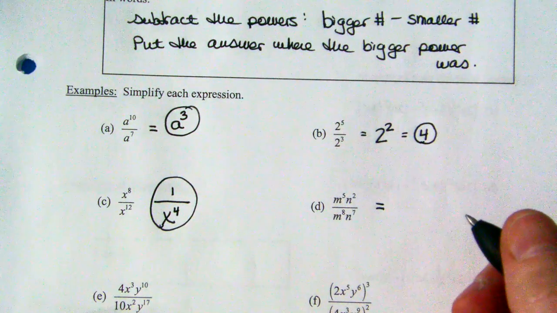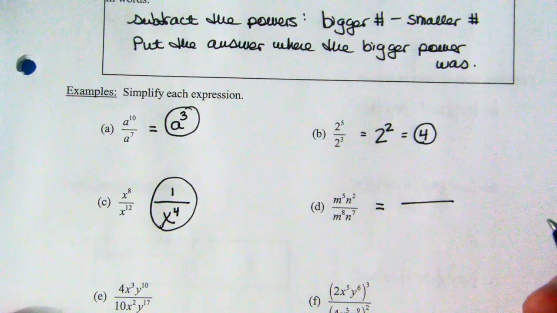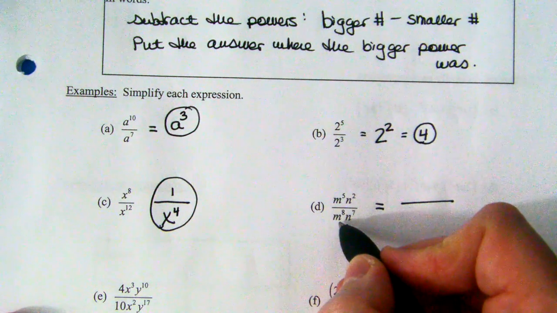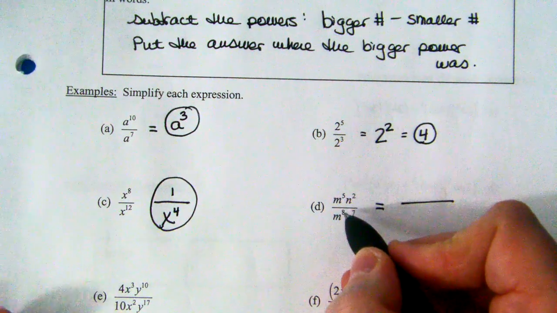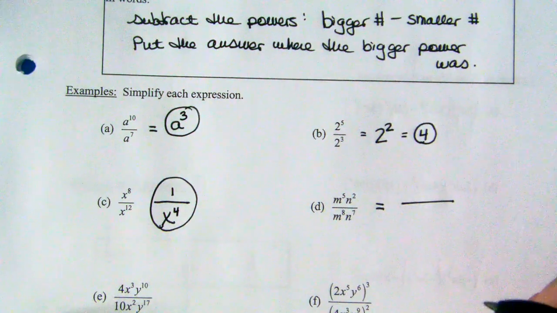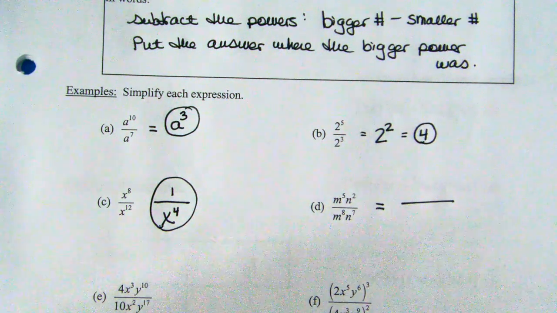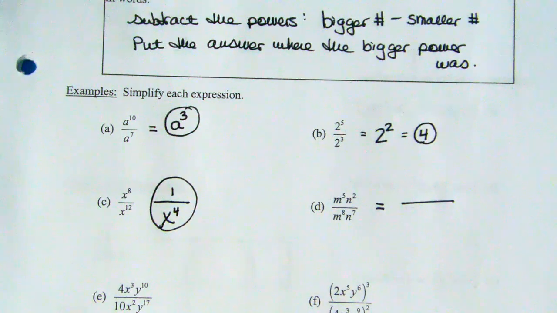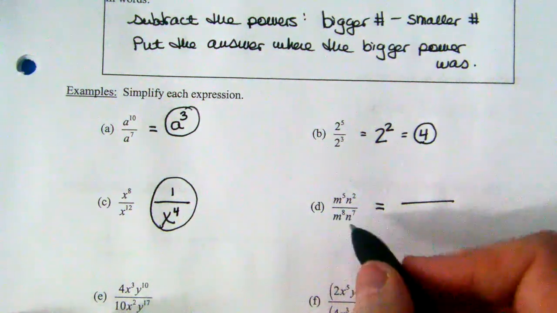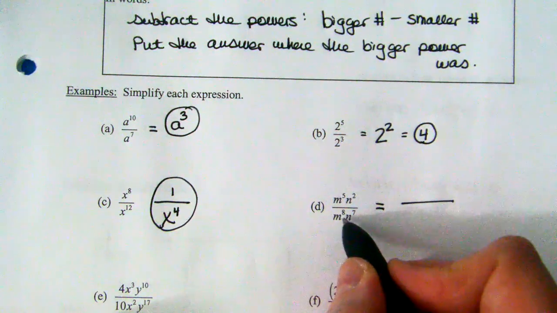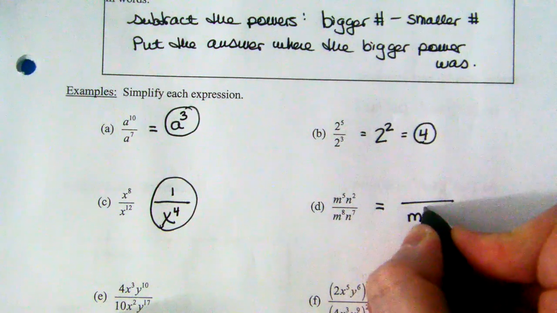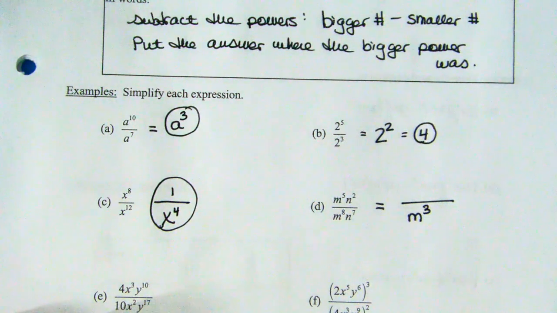In letter D, I've got two variables to deal with. As for the m's, I'm going to do 8 minus 5, and I'm going to get m to the 3rd. Should the answer go on the top or on the bottom? Because the 8 was higher, we're going to put our answer on the bottom. I'm going to say m to the 3rd in the denominator.